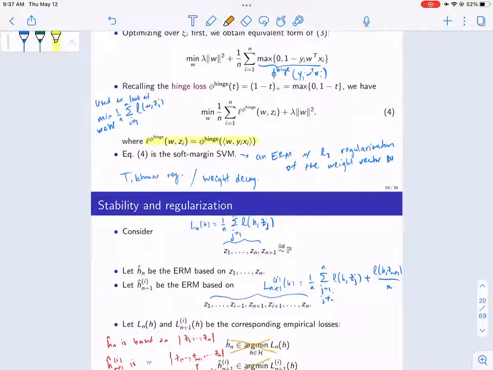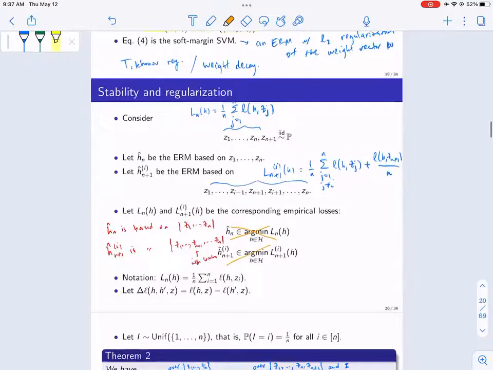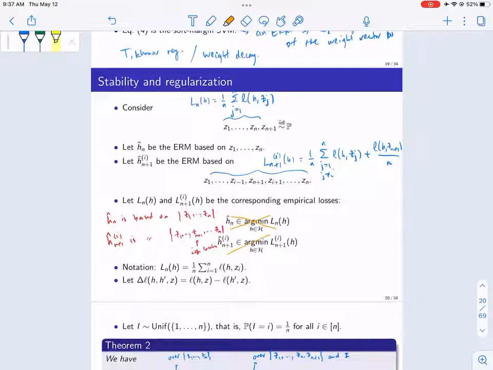So let's see. Yeah, the point was to try to analyze this idea of stability, which is saying that if I have a data set, for simplicity, we just add a new data point as well. So n+1 points, and then I train the classifier on this data, from Z1 up to Zn.